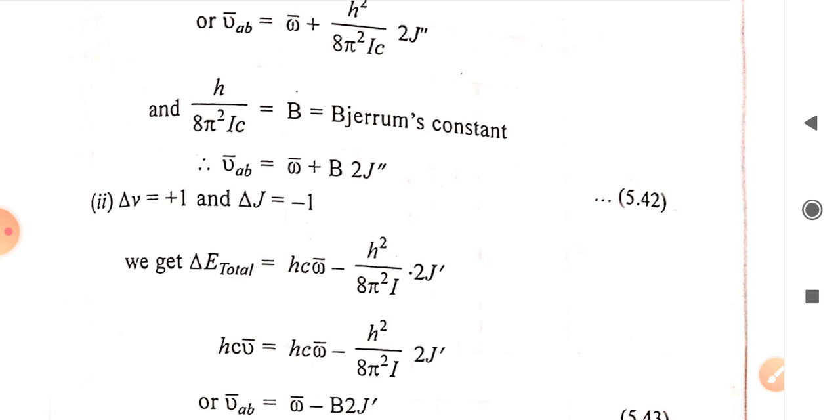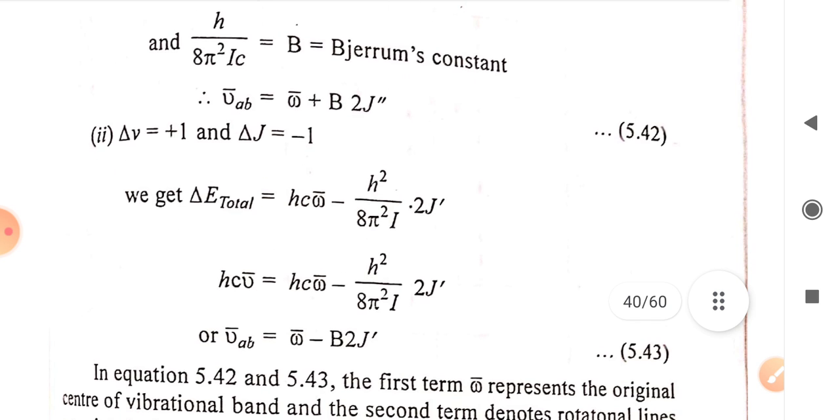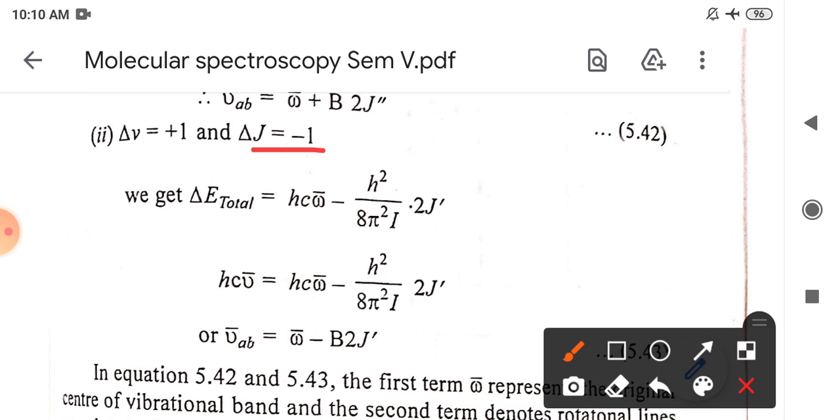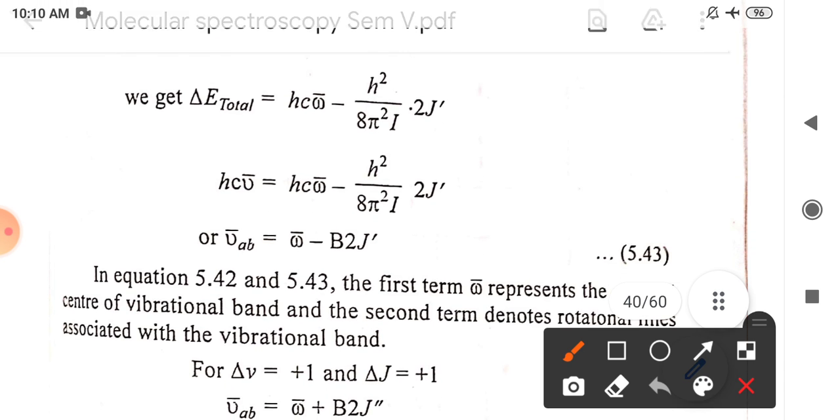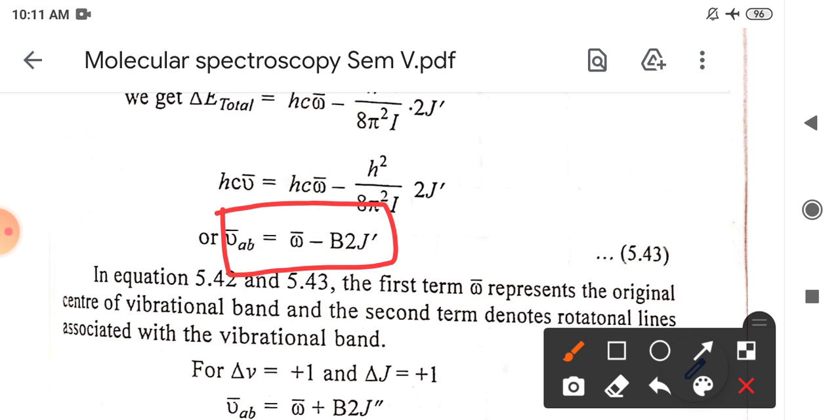Now consider the second case in which Δv equals plus 1, that is absorption is taking place, but in the rotational motion emission is taking place, that is ΔJ equals minus 1. Upon simplifying, we get the same type of equation, but instead of the plus sign there is a minus sign, and instead of J'' we have J'. So the new absorption is ν̄ equals ω̄ minus 2BJ'.